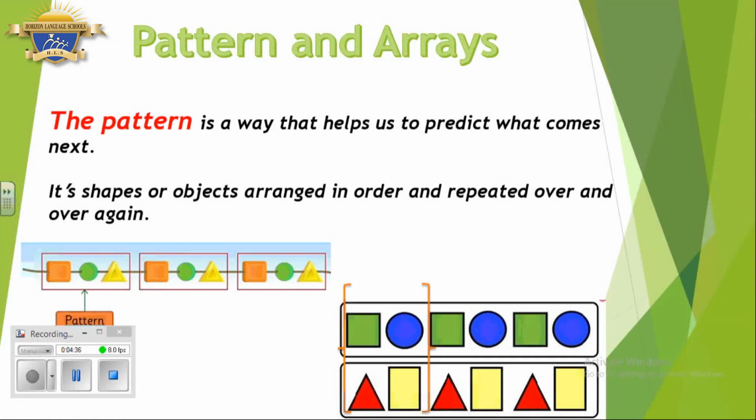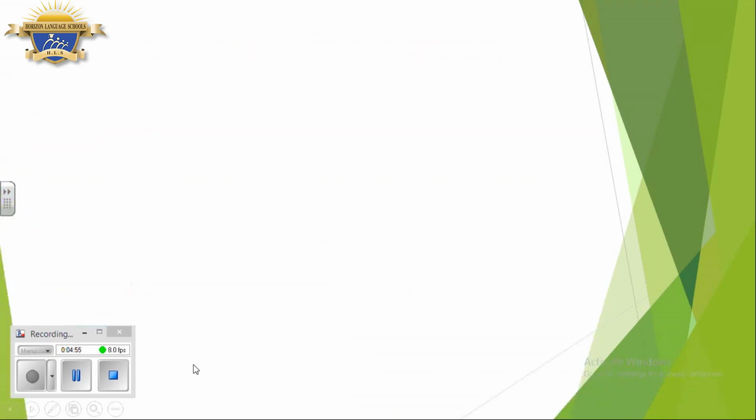Because the rule is add red triangle and yellow rectangle. So the pattern will be red triangle, yellow rectangle. We will repeat it over and over again.